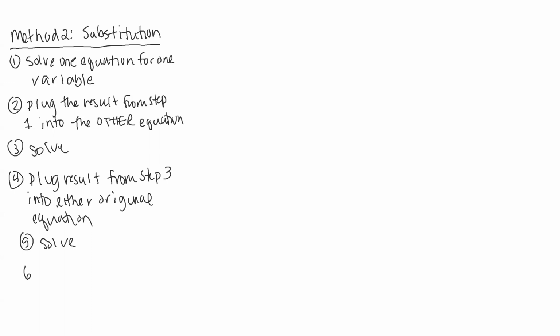And then the final step is super important, and this is something where my students get really annoyed with me. They're like, I solved it right, but I didn't have my answer in the right format. If your answer is not in the right format, your answer is not correct. So the big step here is write your answer as an ordered pair.